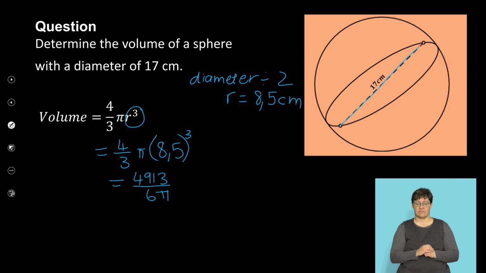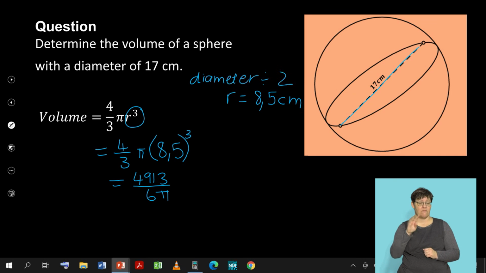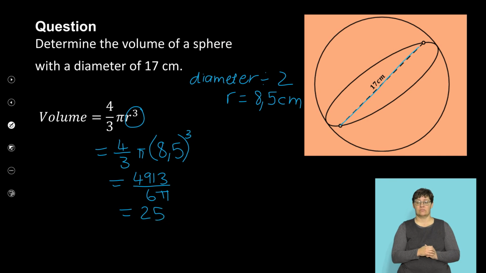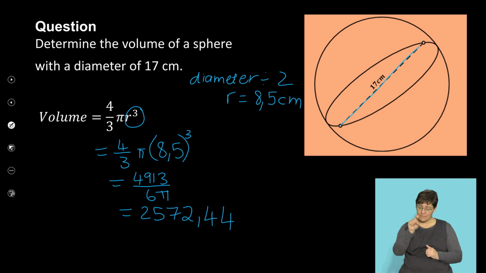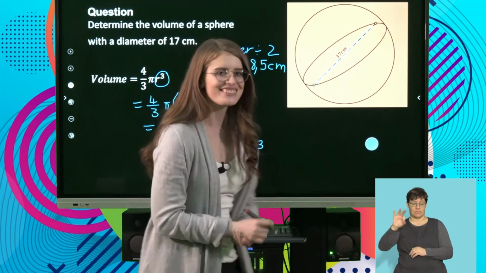And if I want to write this correct to the second decimal place, I'm going to press my SD button, which is going to give me 2572.44. And please remember that I have to include my units. And my units will be centimeters cubed. So the volume of the sphere is 2572.44 centimeters cubed. Great, everyone.